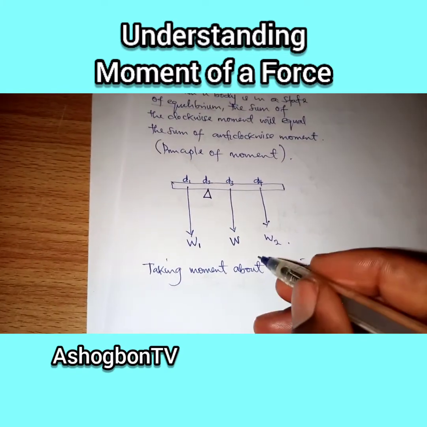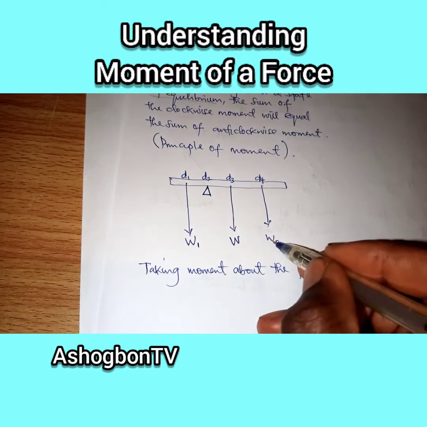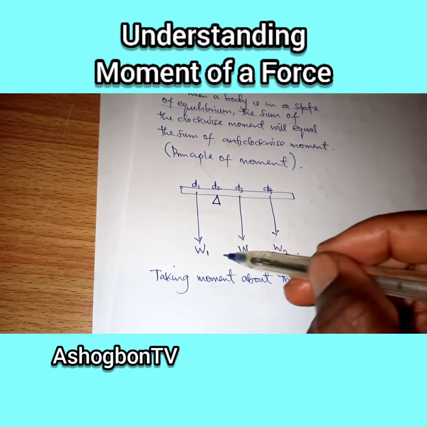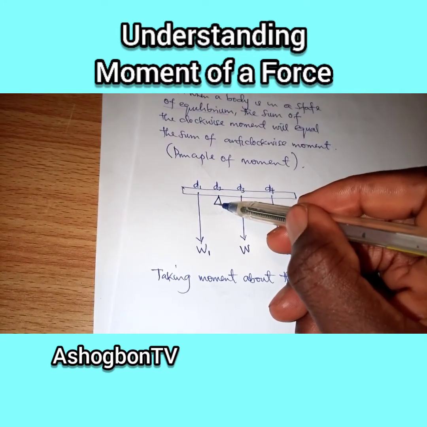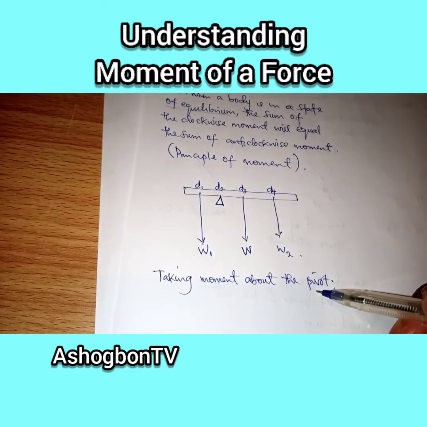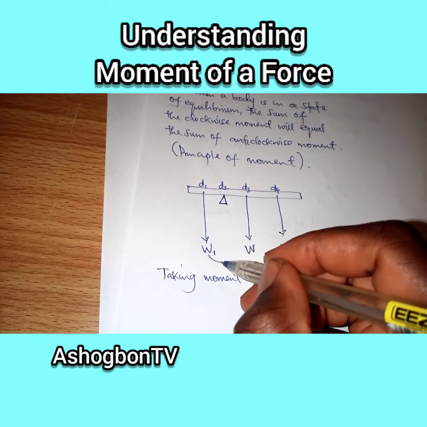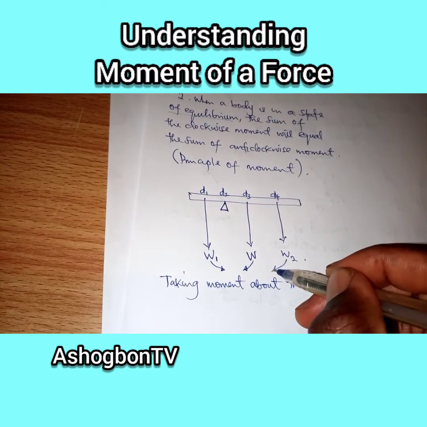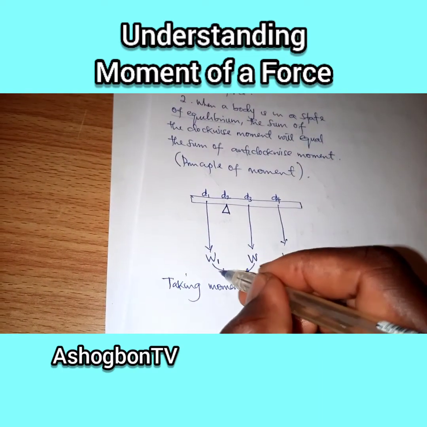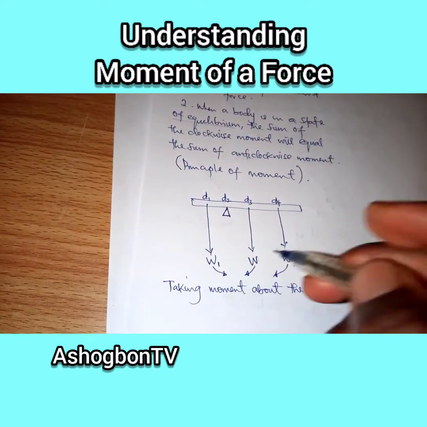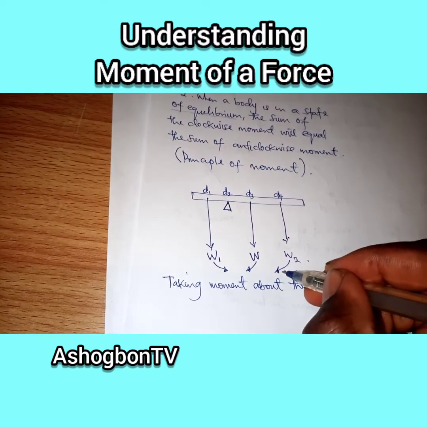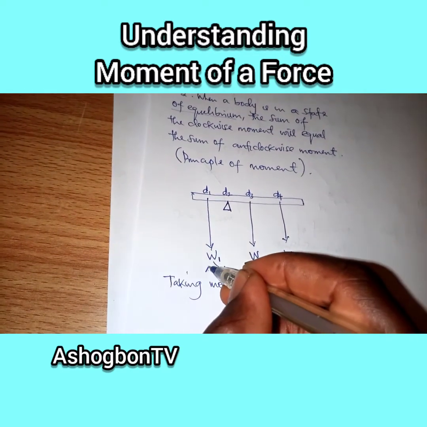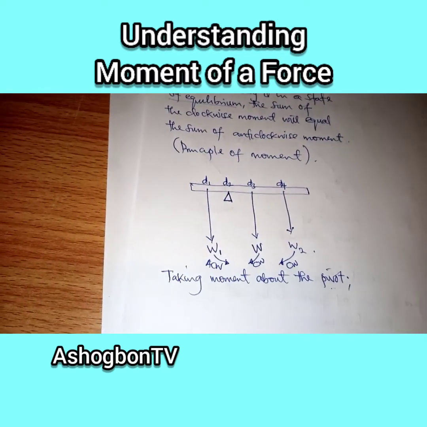So if that is the case, I want us to look at these three weights and see how they will swing. Of course, the three of them will swing towards the point where we are taking moment from. So in this case, this will swing here, this swings here, this will swing here. So if we look at their respective directions, we can confidently say that this is in the clockwise direction, and this is in the anti-clockwise direction.